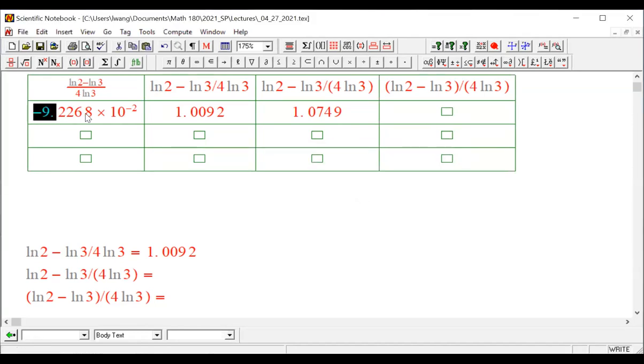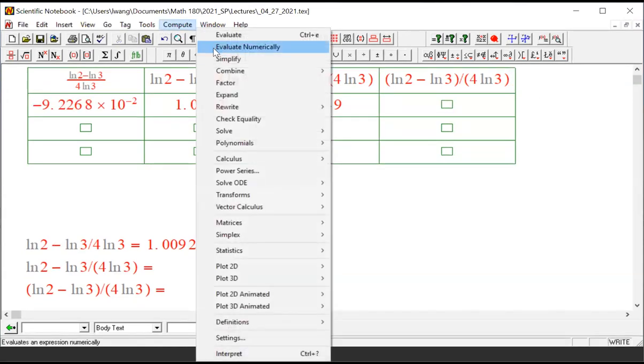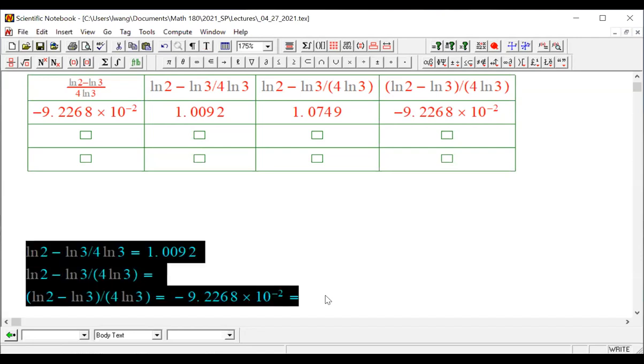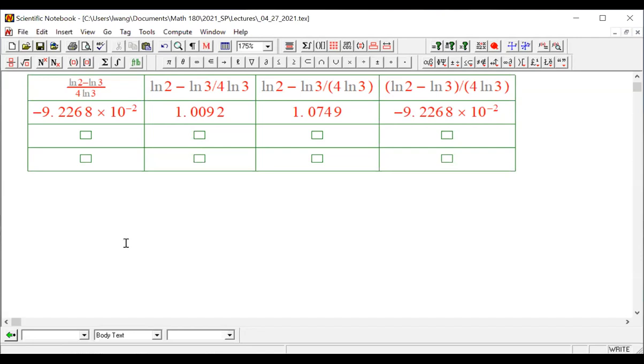So let me give me the numerical value. Wow, software can be temperamental sometimes, right? So these are the numerical values we get.